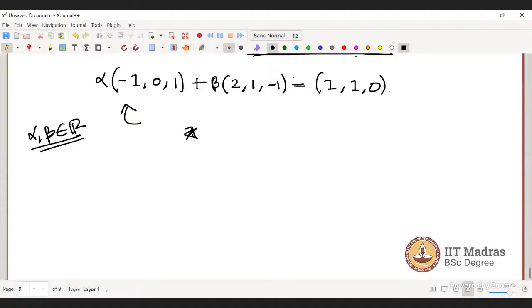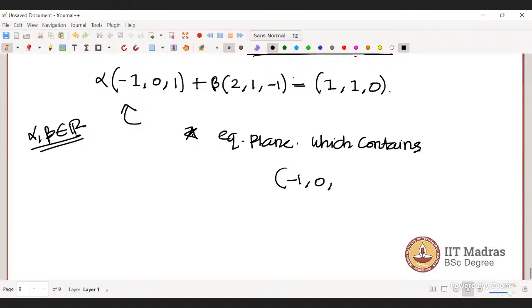Another way. So what he's suggesting is that you first try to find the equation of a plane which contains these vectors. How do you find the equation of the plane?